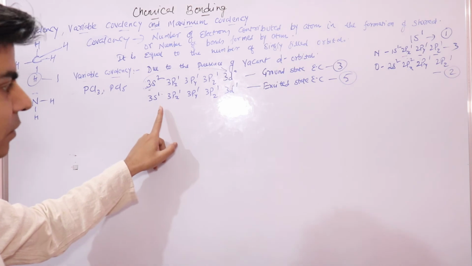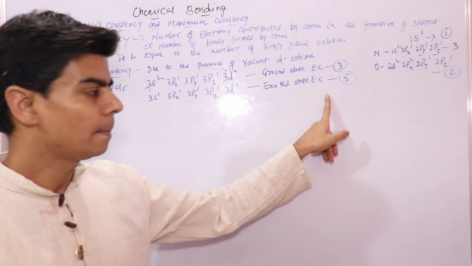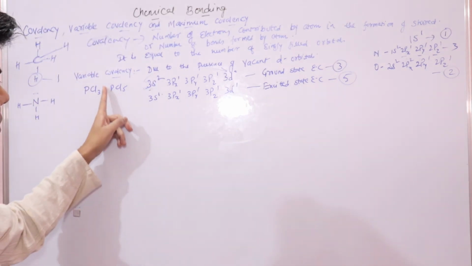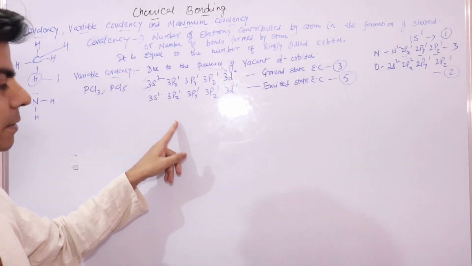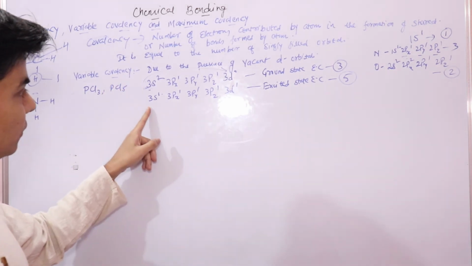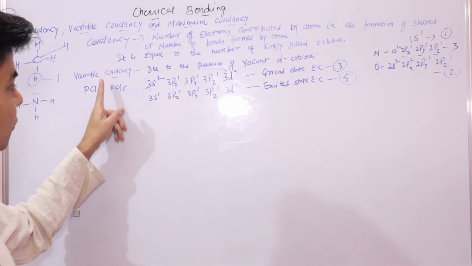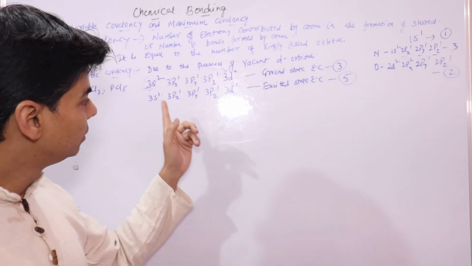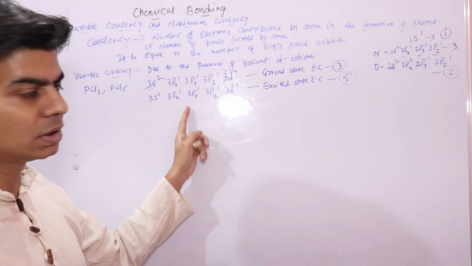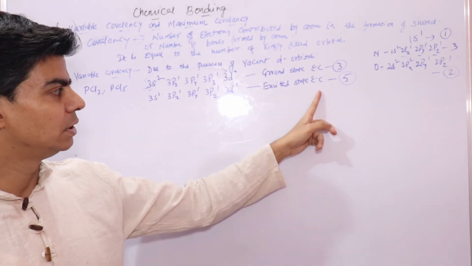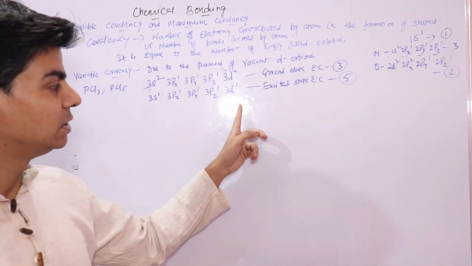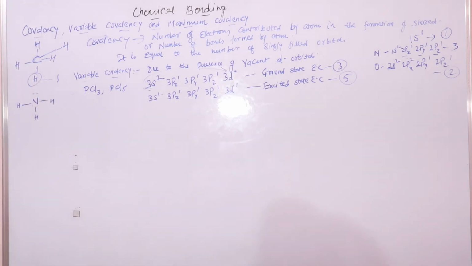So that is why we call it excited state electronic configuration, because this is under excited state, right? When phosphorus is given energy from the formation of bonds, that results into this excited state electronic configuration that has max covalency of 5, right? So this explains the concept of variable covalency, right?